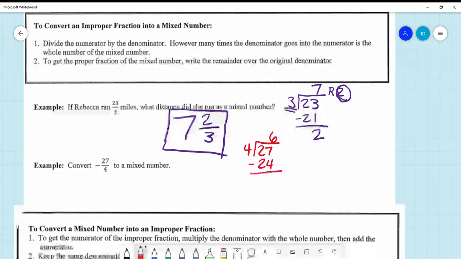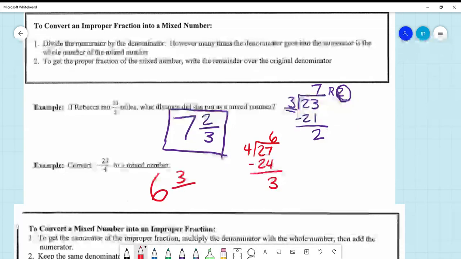So we can subtract that, get our remainder. We have 7 minus 4, which is 3. So as a mixed number, we have our quotient, which was 6 as a whole number. We have our remainder, which is now our numerator. And then we have the divisor, which now is the denominator, and stays the same.